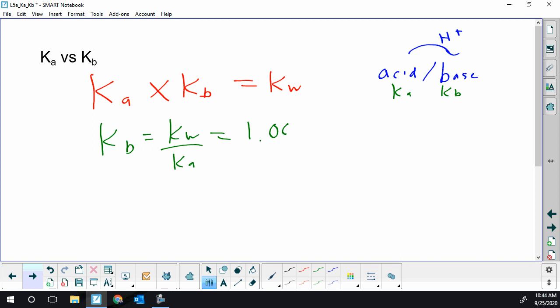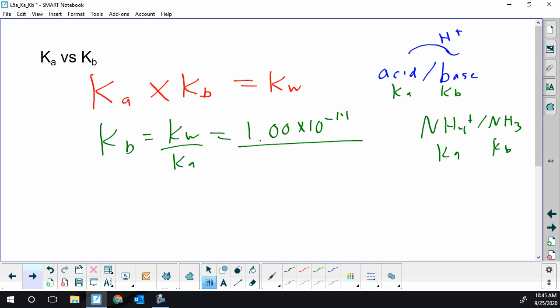So 1.00 times 10 to the minus 14, that's a unitless number. Divide by the Ka. So I'm looking up the Ka for this guy to predict the Kb for its conjugate that we just solved for.